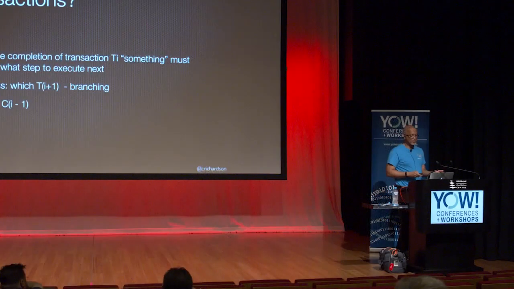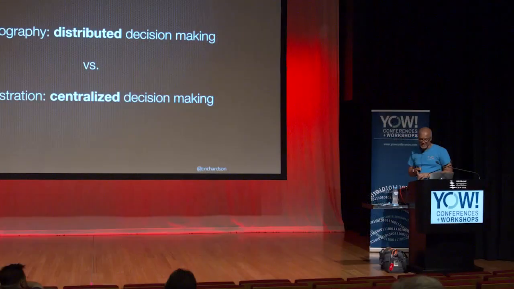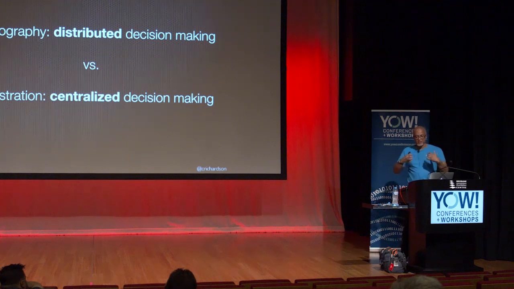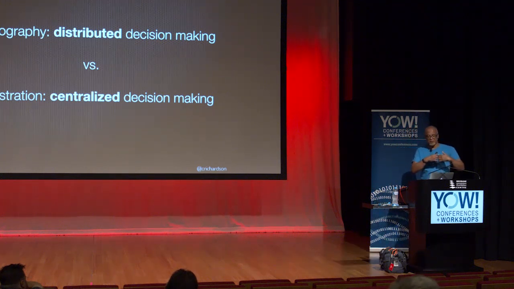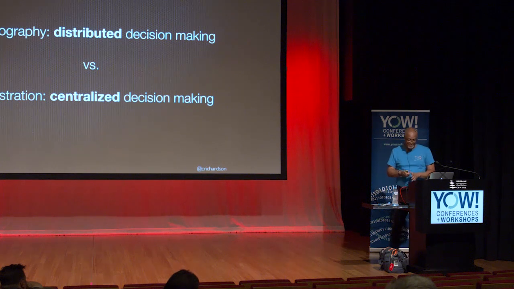There are two possible coordination mechanisms that you can use. One is choreography, where the decision-making is distributed amongst the participants. The other is orchestration, where the decision-making is centralized in a workflow or a state machine, or an object that implements a state machine.